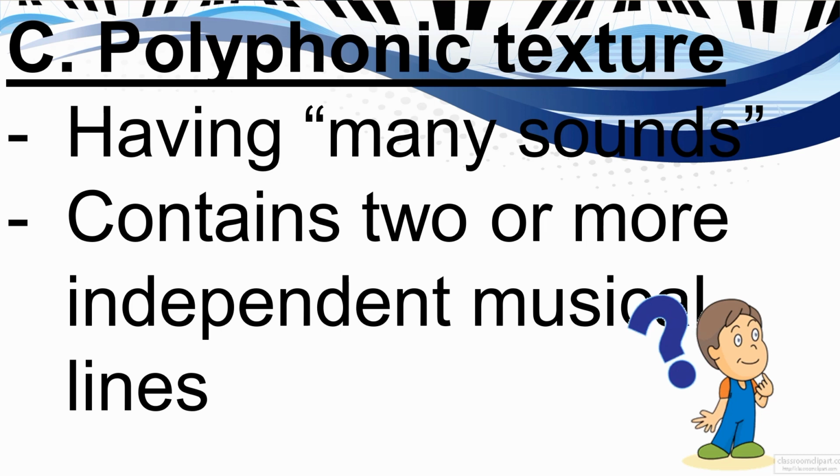Now, let's come to polyphonic texture, the third kind of music texture. It is said that polyphonic texture has many sounds and contains two or more independent musical lines. That is the polyphonic texture.